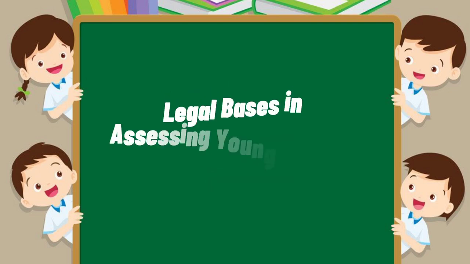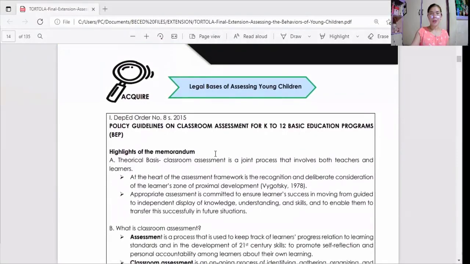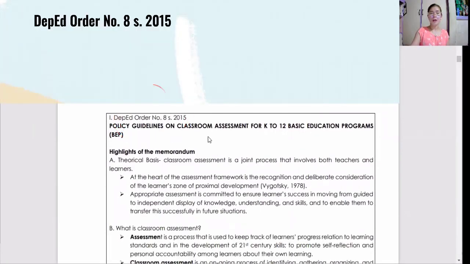These are the legal bases of assessing young children. So we have here the DepEd Order number 8, series of 2015. If you would like to see the details of this DepEd Order, you can search this one in the internet. Just type DepEd Order number 8, series of 2015.